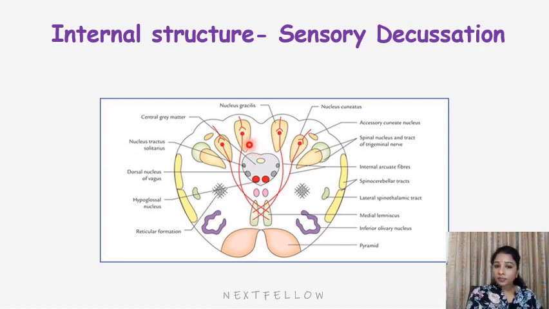And here the central gray matter is reduced to a small area around the central canal. Mainly we can appreciate the hypoglossal nerve nucleus, which gives rise to the hypoglossal nerve, the dorsal nucleus of vagus, and, for taste sensation, the nucleus of tractus solitarius.